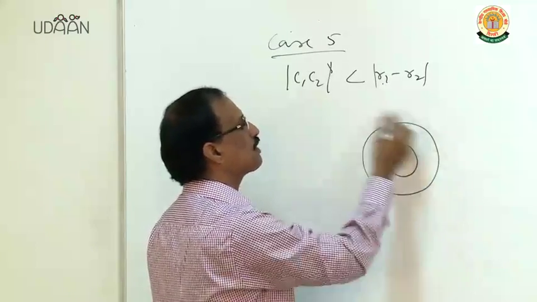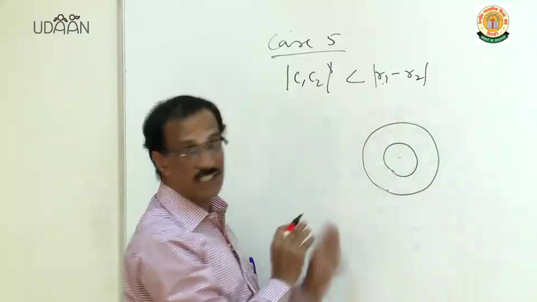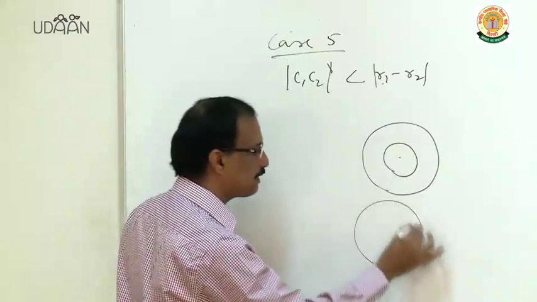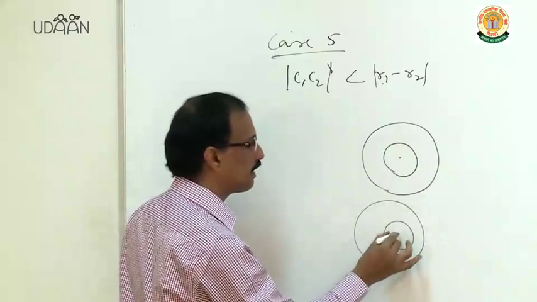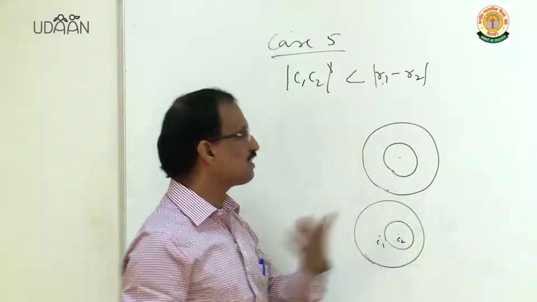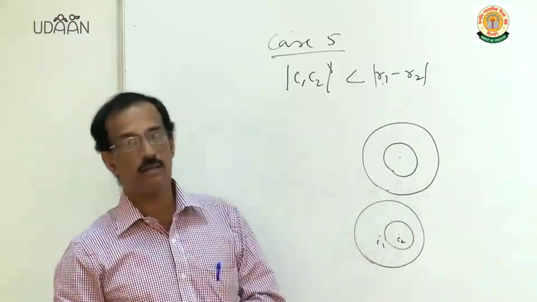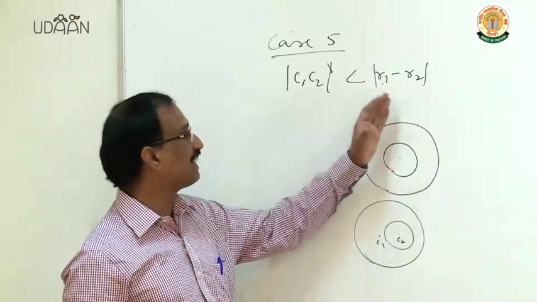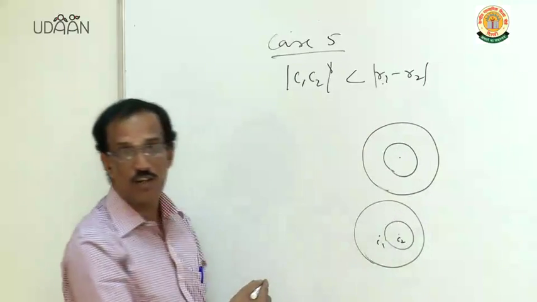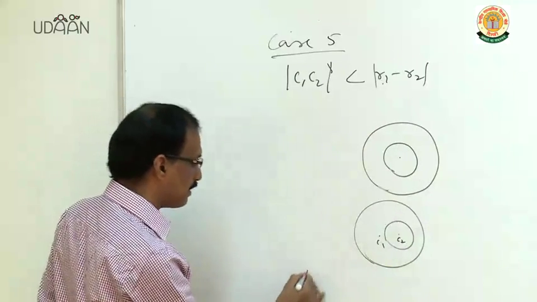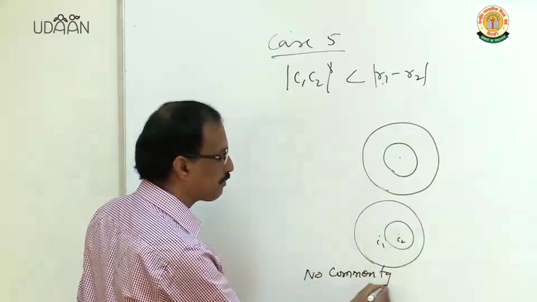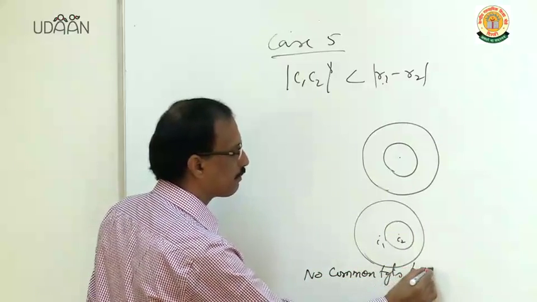So these are the two circles you will have, not concentric, but one lies inside the other somewhere. This is C1 and C2. If this is less than R1 minus R2, then there is no common tangent, because you cannot draw any common tangent. So, no common tangents are possible.